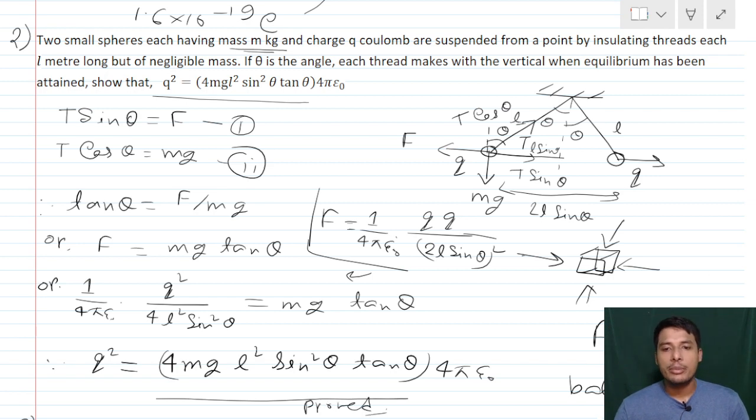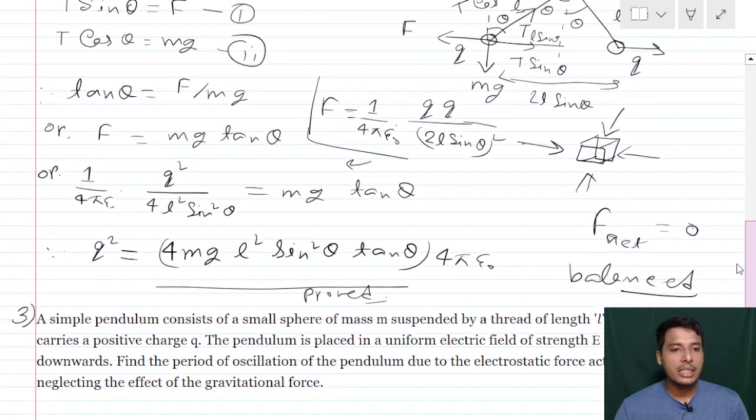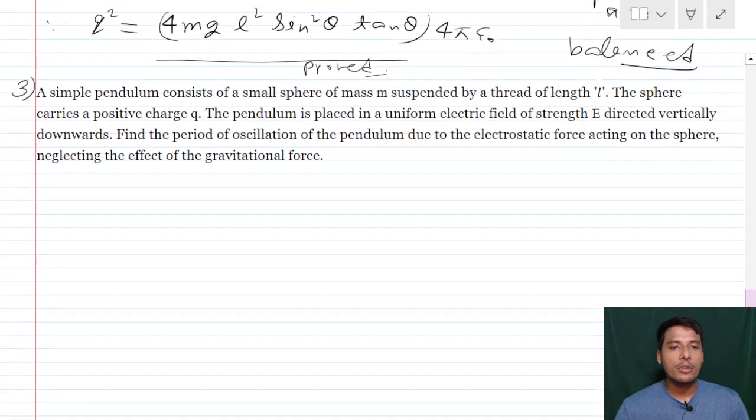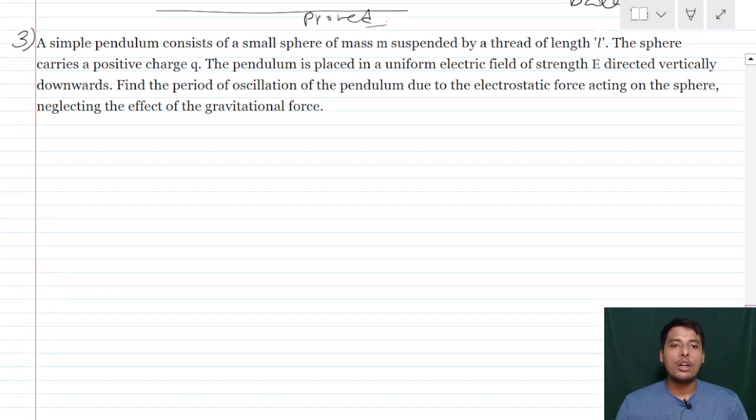Okay, so let me discuss the last problem of today's class. The last problem is basically a simple pendulum consisting of a small sphere of mass m suspended by a thread of length L. Let me draw this figure.